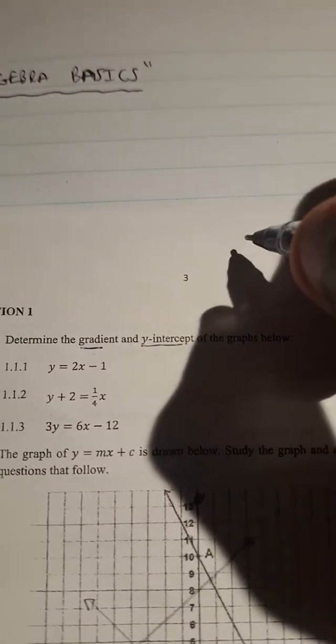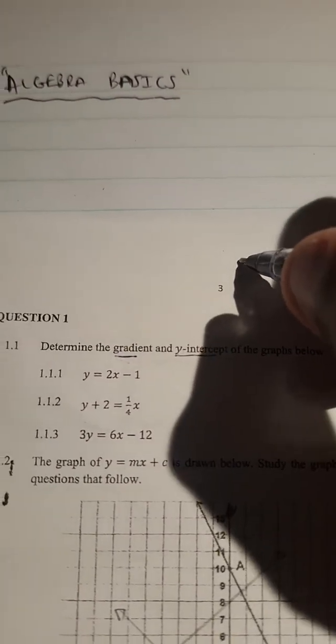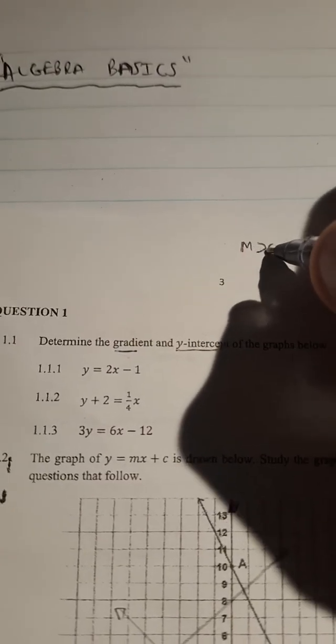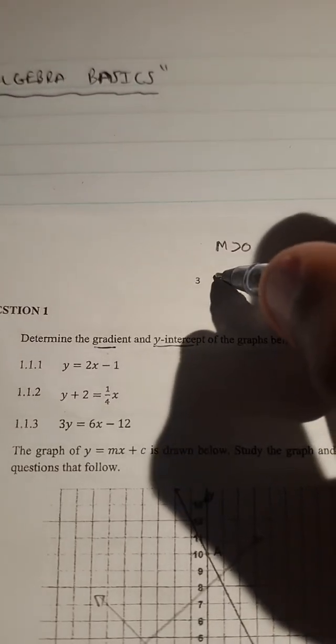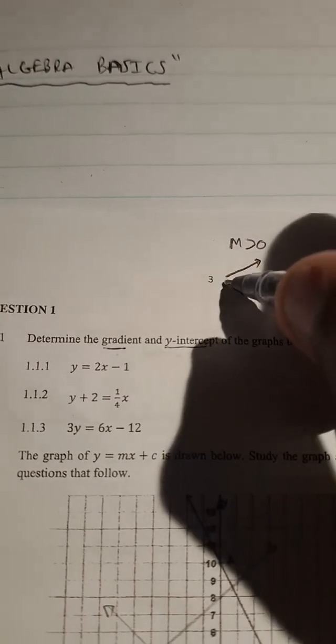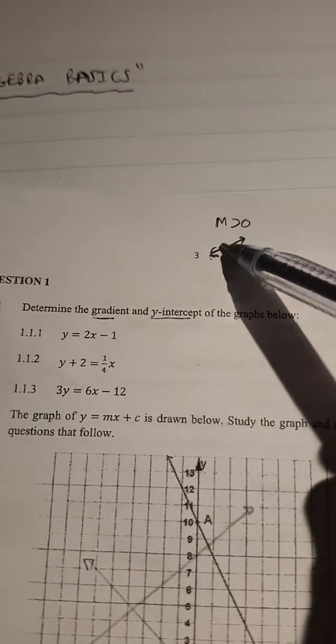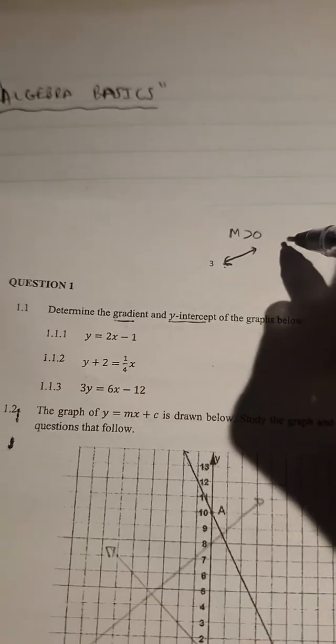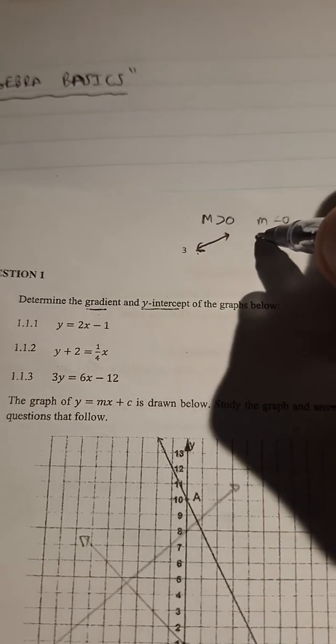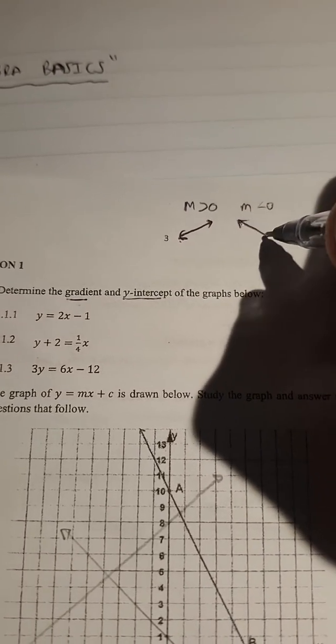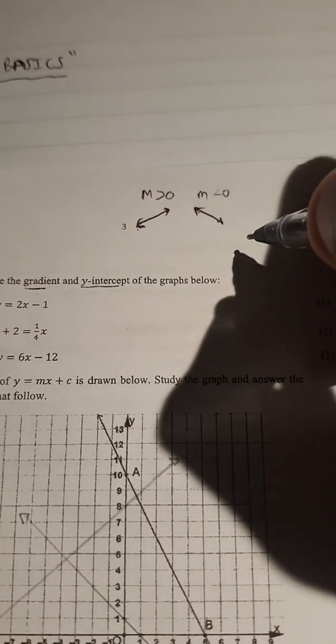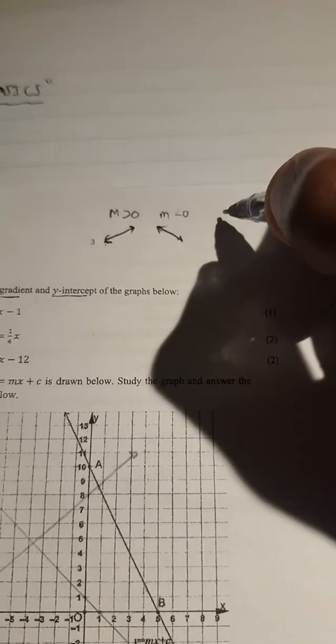There are four ways that we can see gradient. Gradient can be positive, meaning greater than 0, and we usually see an increasing straight line like this. Gradient can be negative, meaning the line slopes downwards, so it decreases.